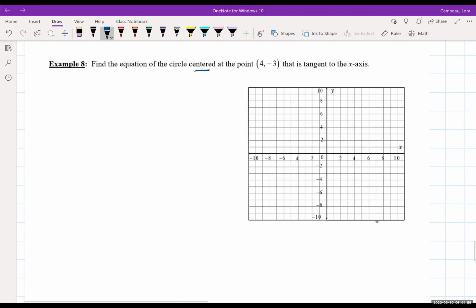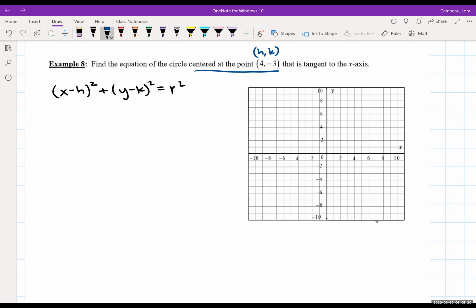That's good. So we can start off by our generic form. (x - h)^2 + (y - k)^2 = r^2. And right away, we already have h and k. They gave us the center right away.